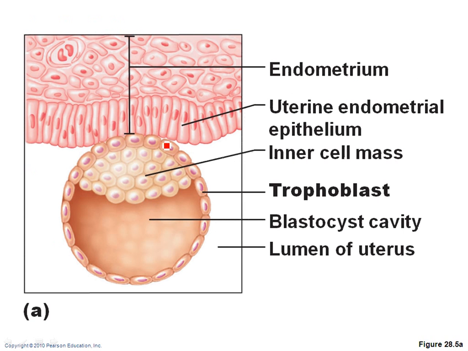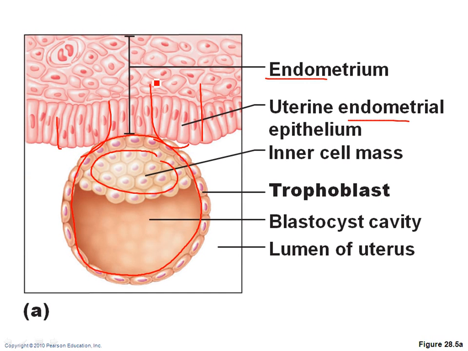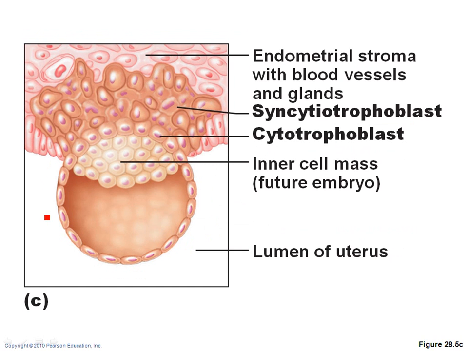Here's the blastocyst, your trophoblast, your inner cell mass, your blastocyst cavity, and here is the endometrium. Okay, and basically it's going to implant inside there. This endometrium is just going to come around like that. See?